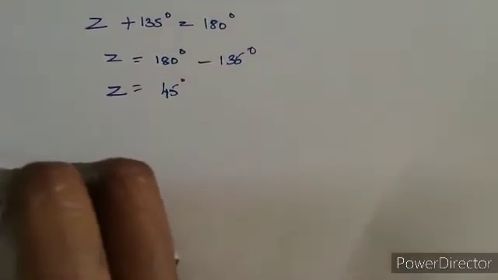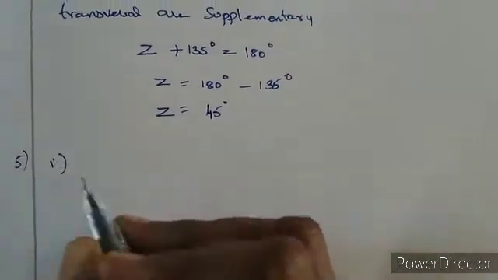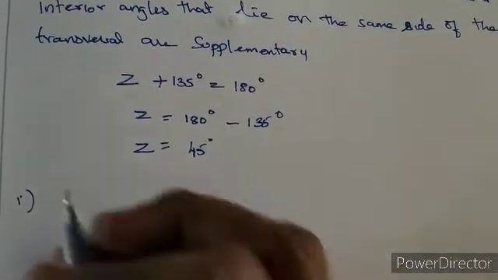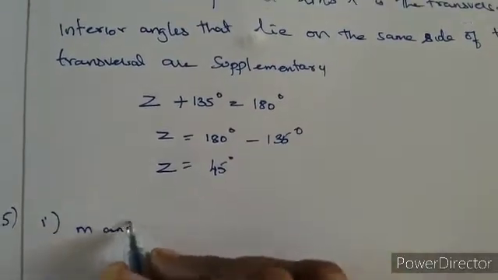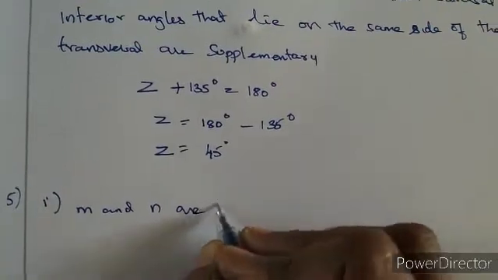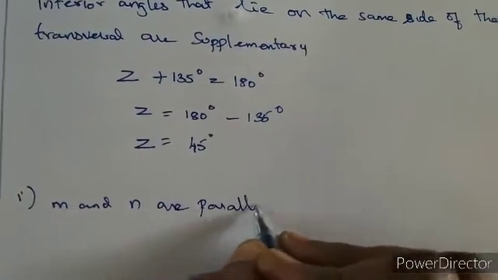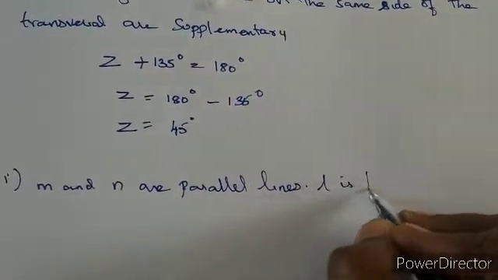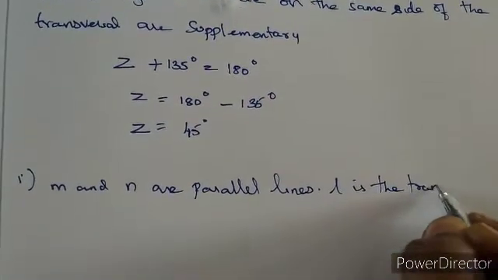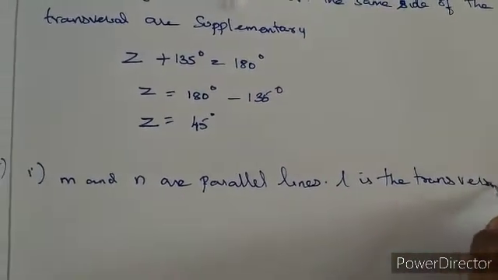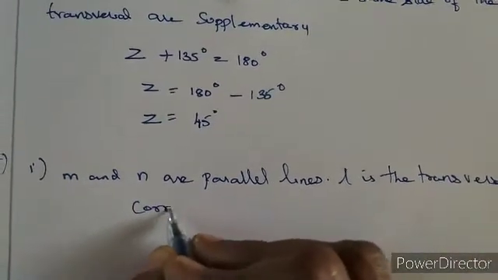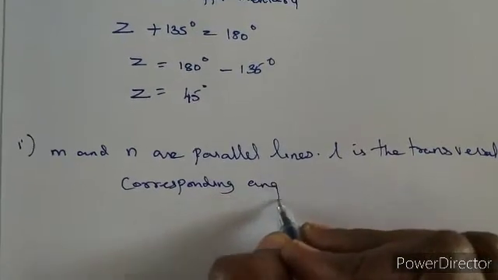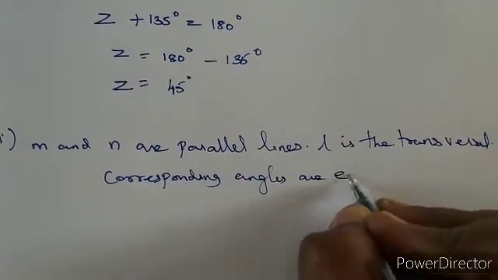Question number 5, subdivision 1. For each sum, you please draw the figure and then write the answer. M and N are parallel lines and L is the transversal. Now, corresponding angles are equal.